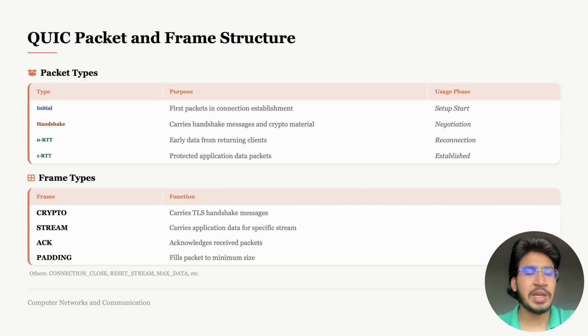Padding is just extra space that is used when needed. We also mentioned others, like connection close, reset stream, max data, etc. There are many more, but I have discussed all the major and most important ones. So this is the structure. QUIC manages both security and transfer in a cleaner and more efficient way.